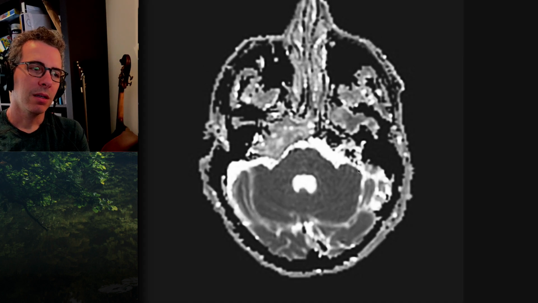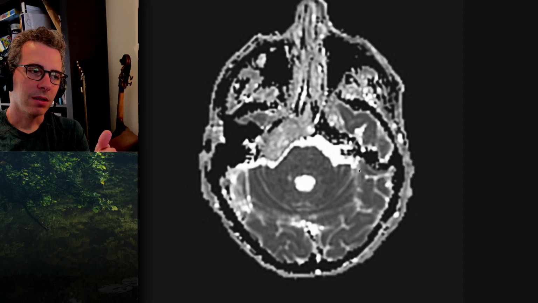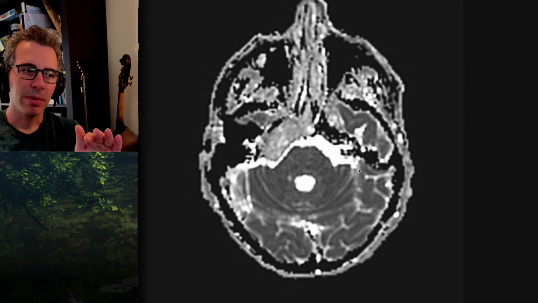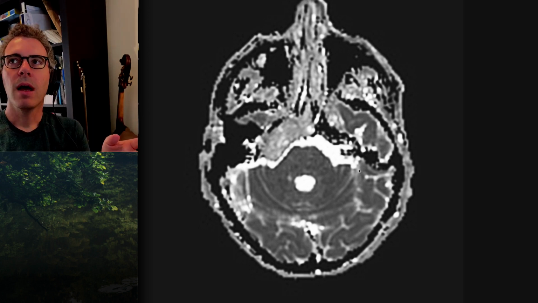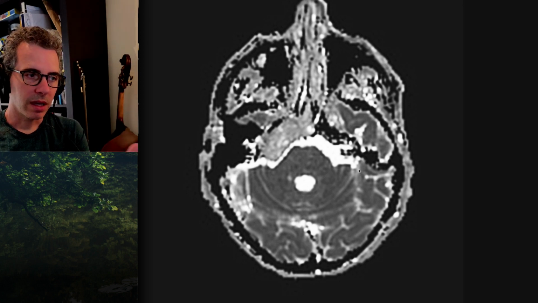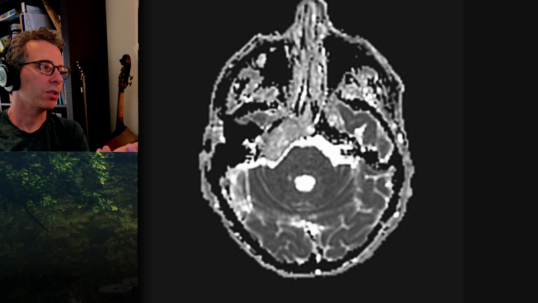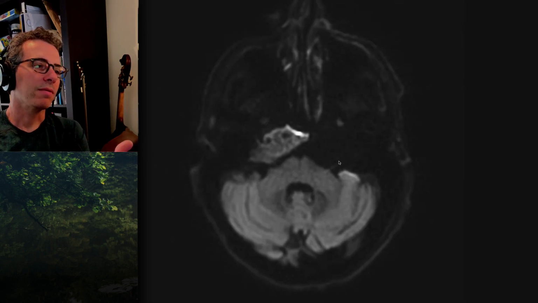In fact, epidermoid cysts diffusion restrict as much as normal brain. So they'll be mid-grey around 700, say. But they're super bright on T2. They have a very high T2 signal component to their diffusion-weighted imaging, so that on DWI it's very bright.